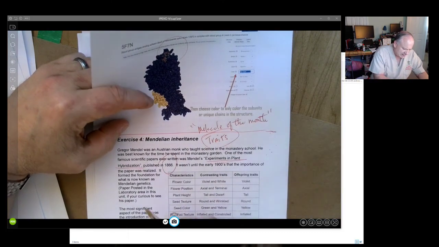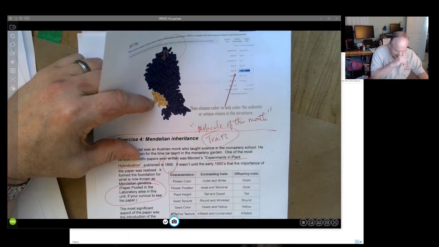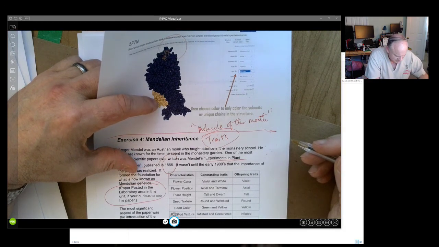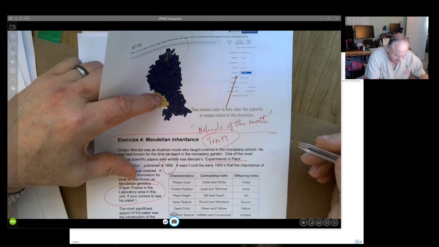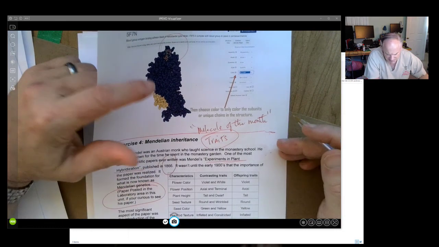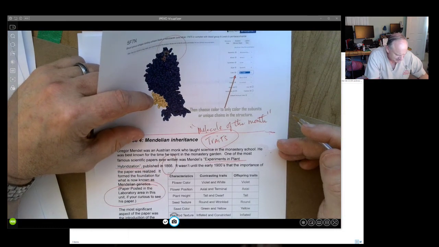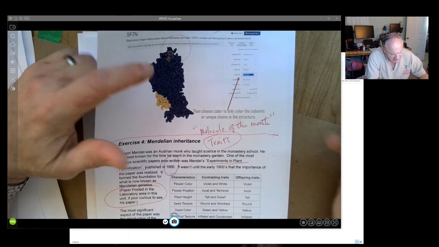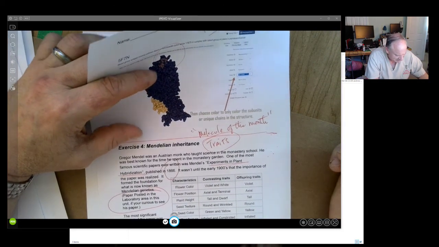Anyhow, I posted the paper. One of the original papers was translated, of course, from Mendel's work, but I love reading through those things because it gives you insight into how he did things and why. If you're interested, I'm not assigning it or anything.